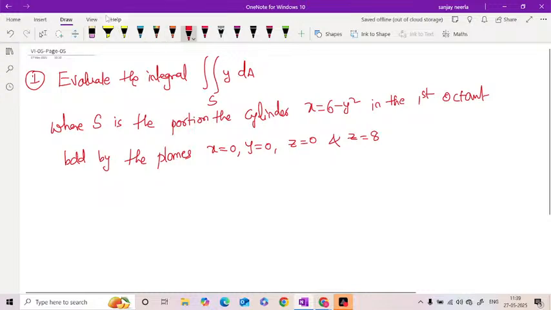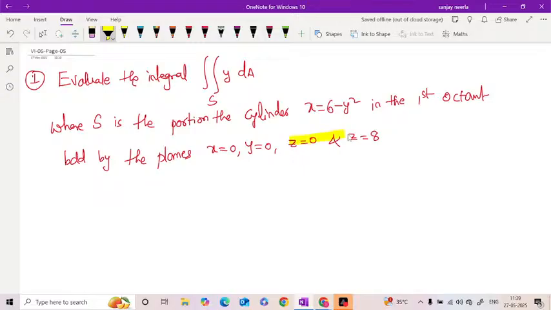Observe that it is clearly given that z values are 0 to 8.